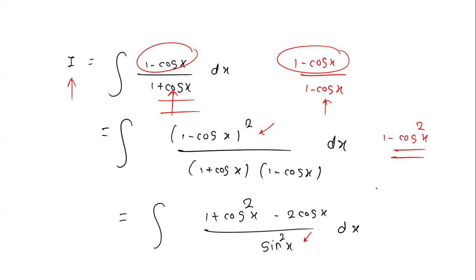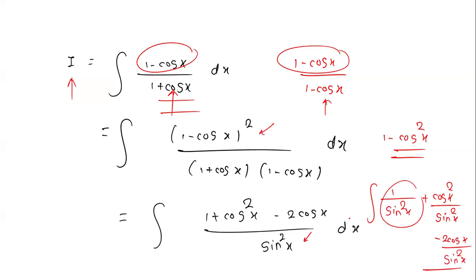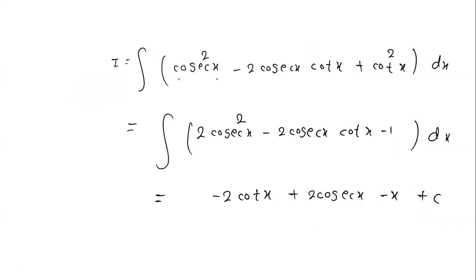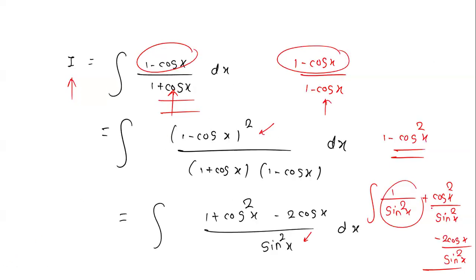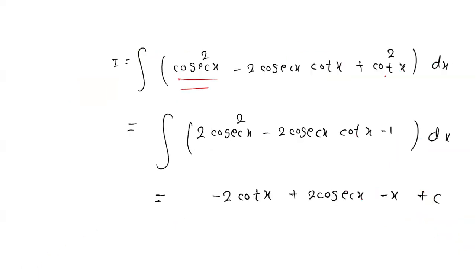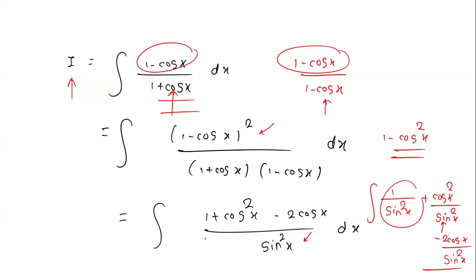Now you can divide this integral into three parts: 1 divided by sin square x, plus cos square x divided by sin square x, minus 2 times cos x divided by sin square x. The first thing will come like cosec square x, and we know cos square x divided by sin square x is cot square x.